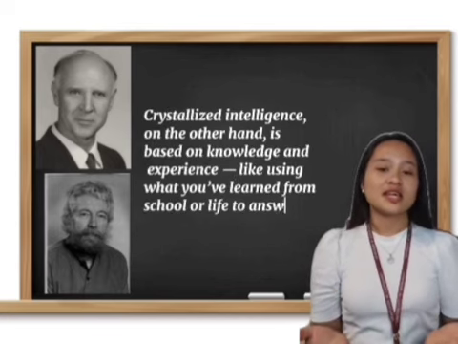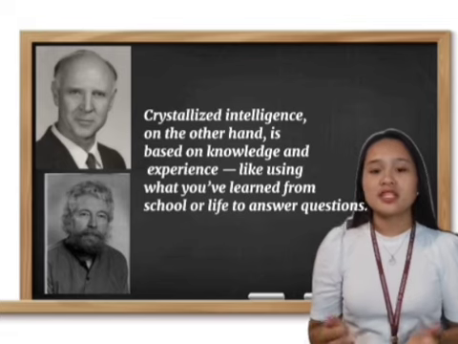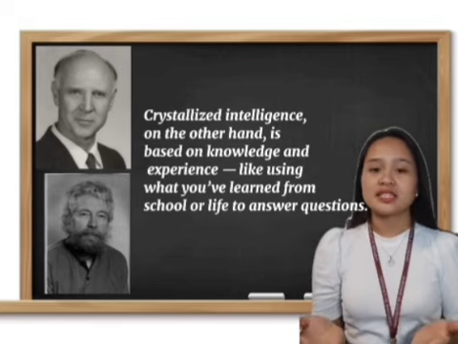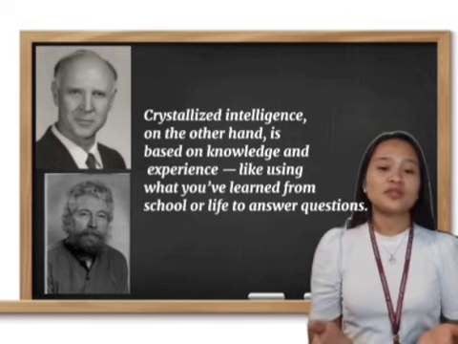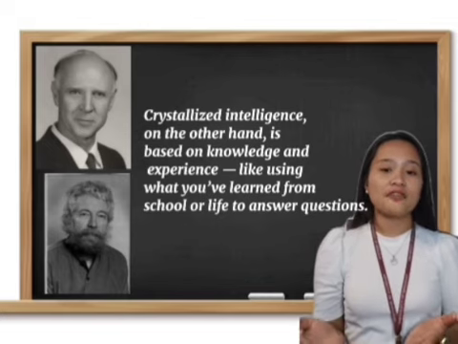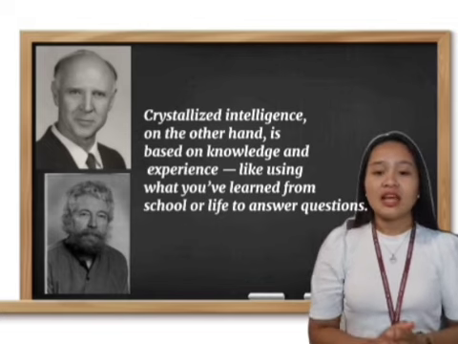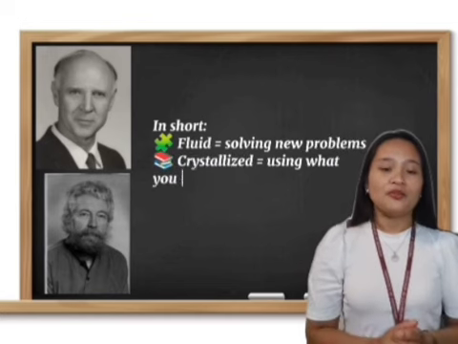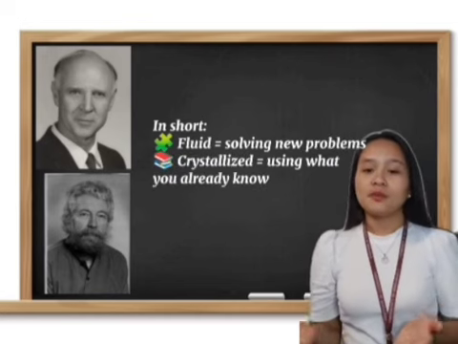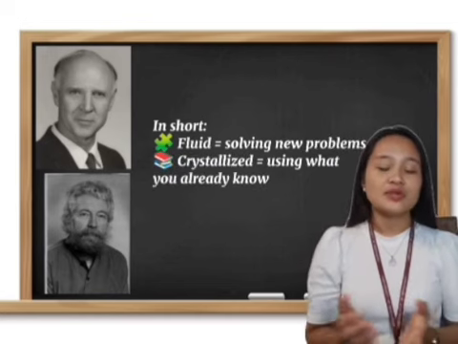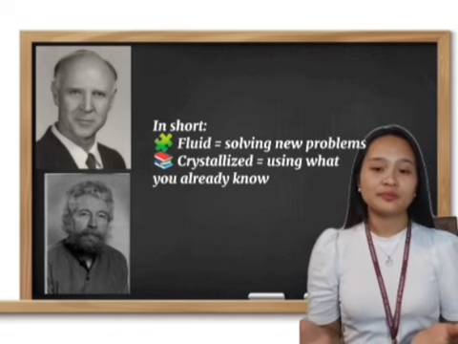Crystallized intelligence, on the other hand, is based on knowledge and experience, like using what you've learned from school or life to answer questions. In short, fluid is solving new problems, crystallized is using what you already know.